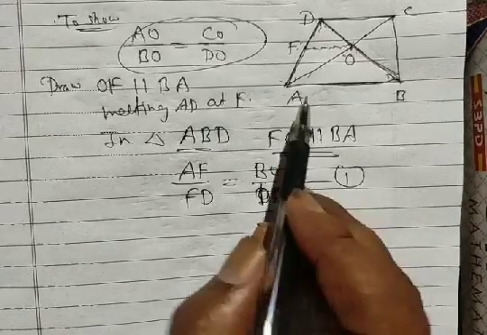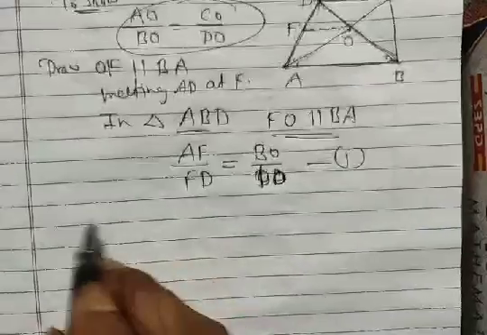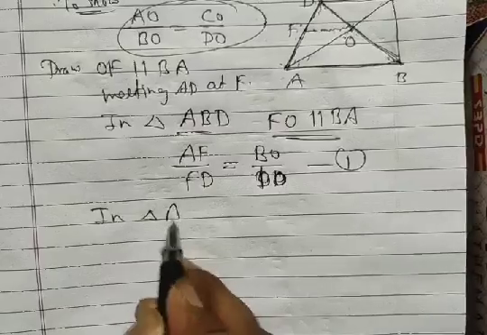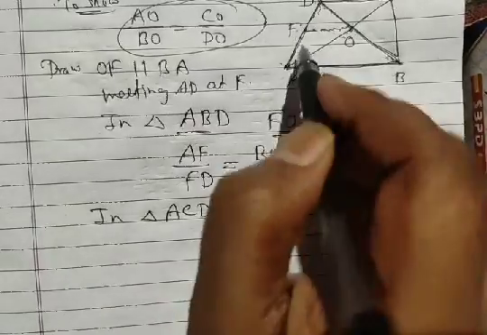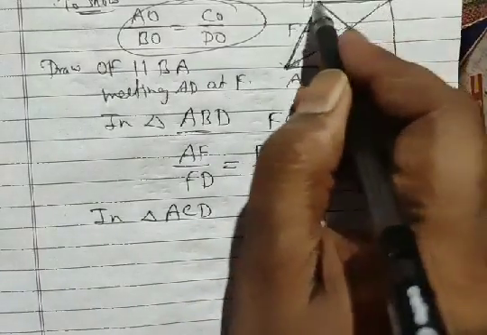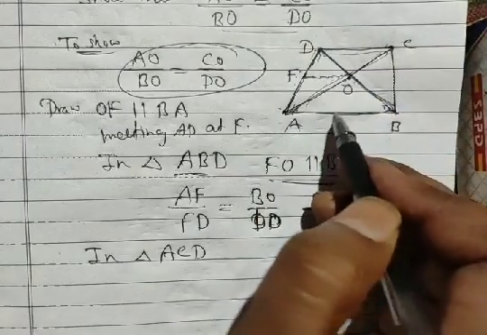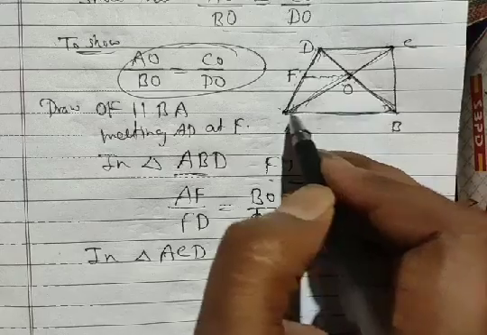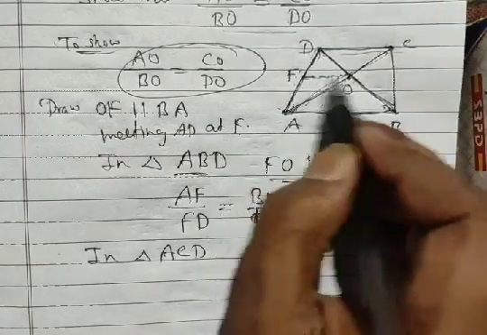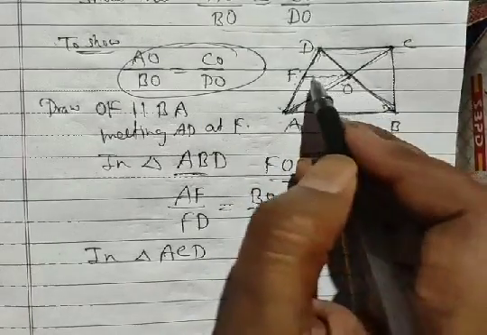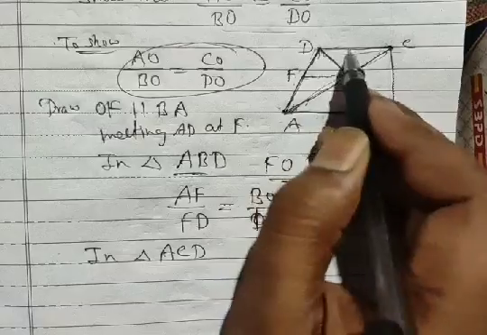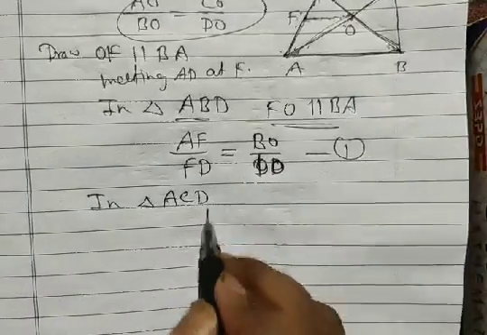Now we take triangle ACD. ABCD is a trapezium, so AB is parallel to DC. We drew FO parallel to AB, so FO is also parallel to DC. Since OF is parallel to DC, we again use the basic proportionality theorem in triangle ACD.